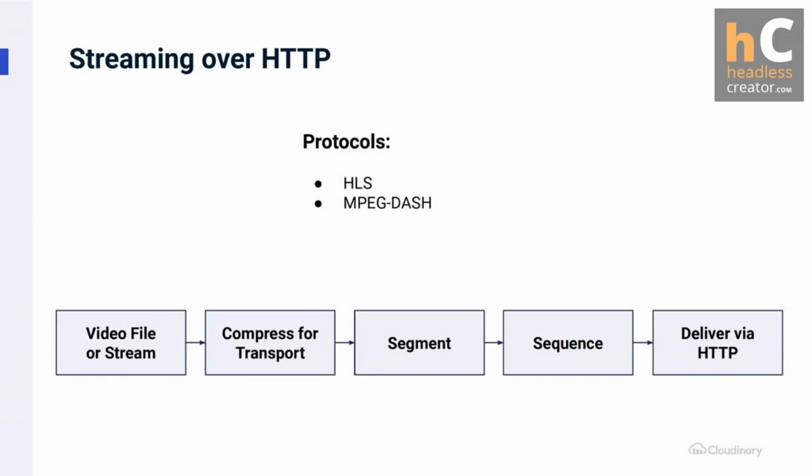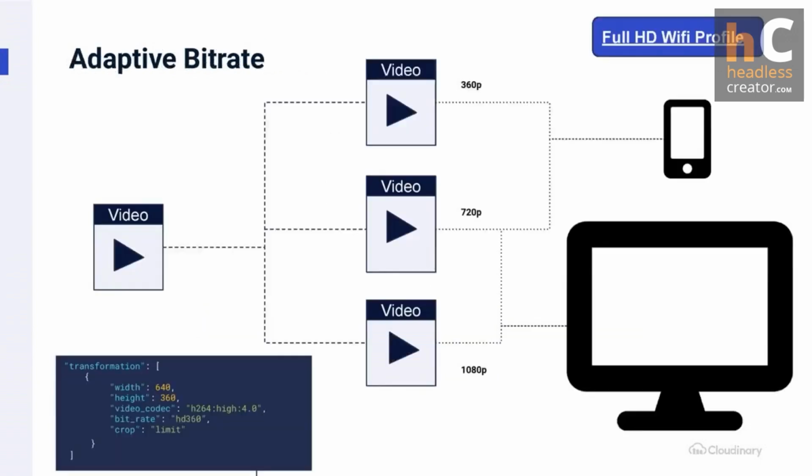The way it gets done, you have two different protocols: HLS, or HTTP Live Streaming, which is favored by Apple devices, and then MPEG-DASH, which is favored more by Android or Chrome devices. We'll see how they actually look in a few moments.